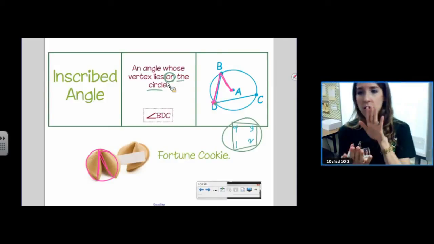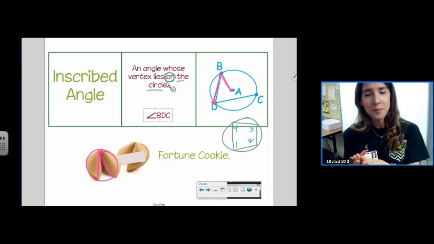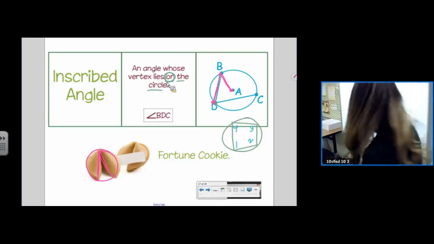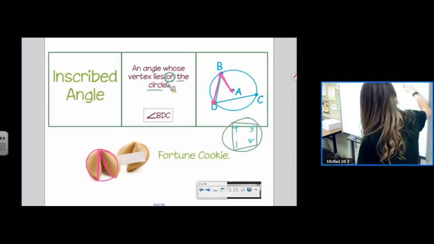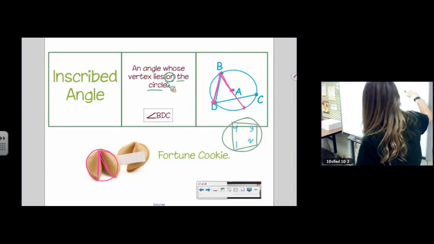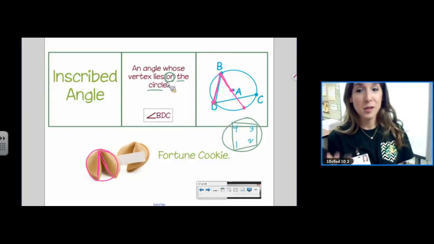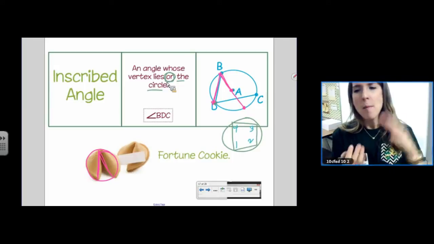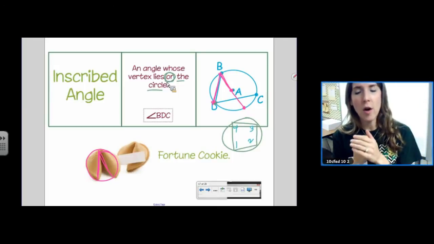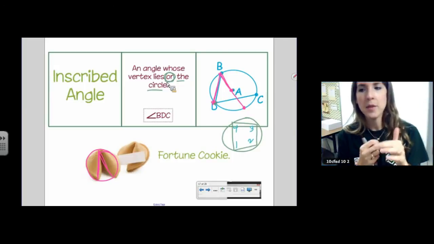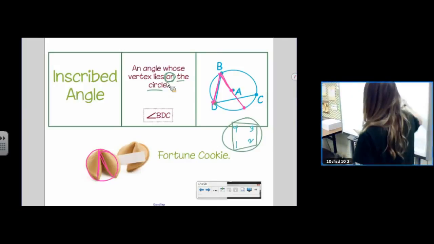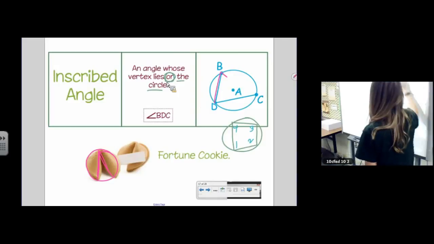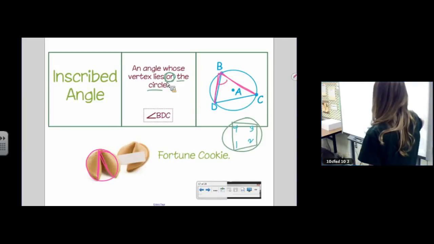The vertex has to lie on the circle, but the other points have to also be on the circle. You have to keep going all the way here. And yes, I know that an angle is made up of rays, and rays go on forever, but we wouldn't know where it hit the circle if all we call it is DBA. So anyways, if you needed to name another inscribed angle, DBC would be a great choice.